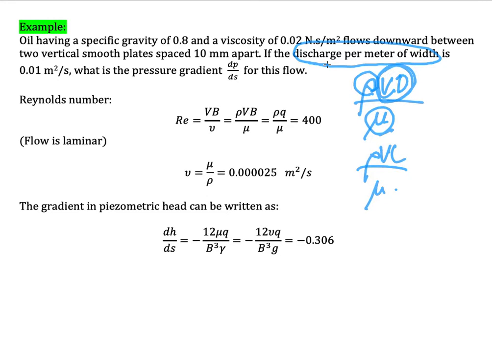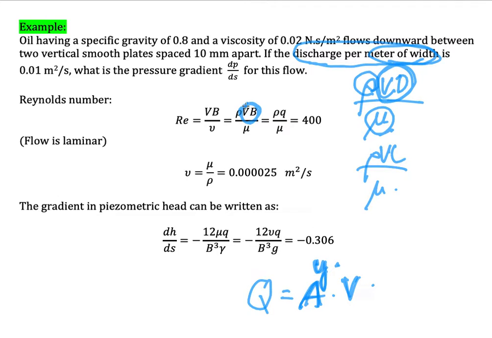The discharge Q is equal to AV. But if we divide by per meter width, the A here is not the area anymore, it becomes only the Y. So we have Y and V, and it could be replaced by V and B here.